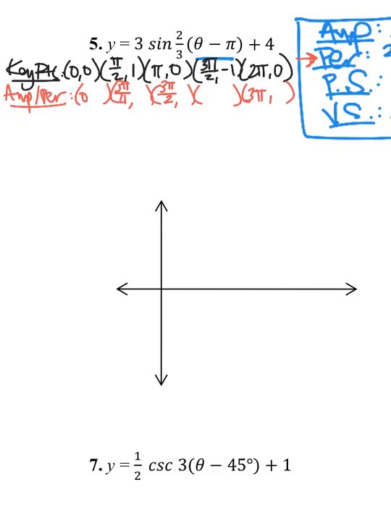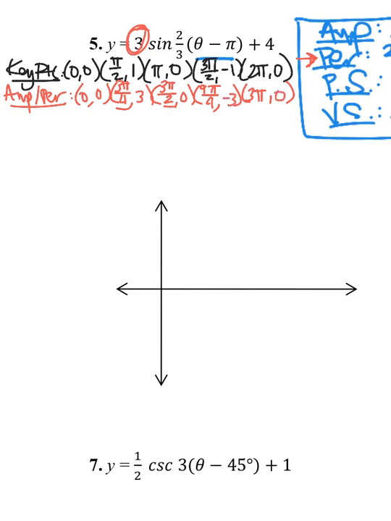And then adding these two together would get me 9 pi over 4 for that last x-coordinate. Okay, so my amplitude here is 3, so I'm going to multiply all my y-coordinates by 3.